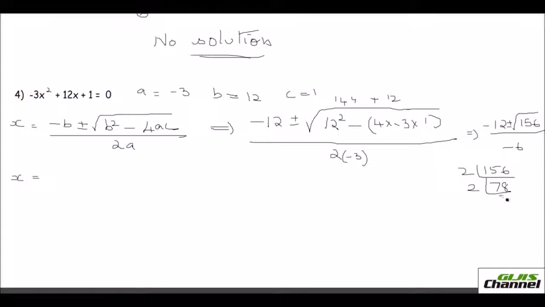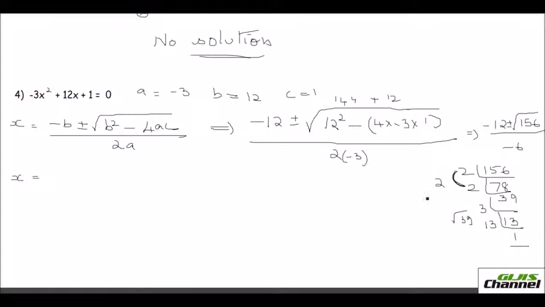So that is 39. You can't divide by 2, so now again with 3. That goes 13 times, then you have to do 13 to get 1. Now see, if the same number is repeated twice, you can take it out. Here you don't have a pair, so you write that as root 39 only.